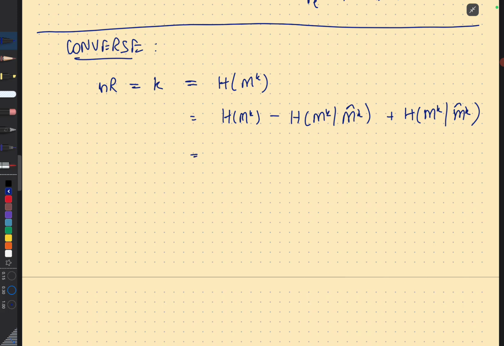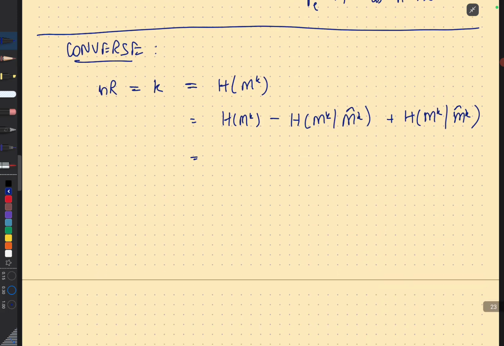The first term over here is just the mutual information between M^k and M^k hat. And the second is the uncertainty that is left in the message given the estimate.